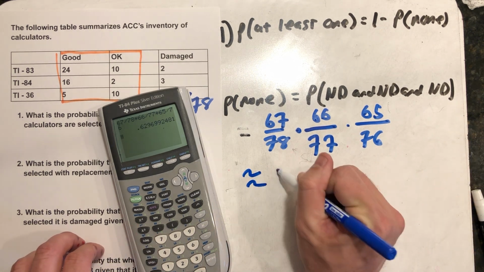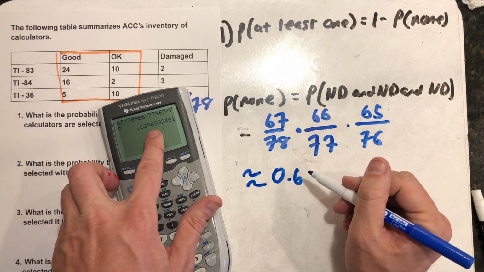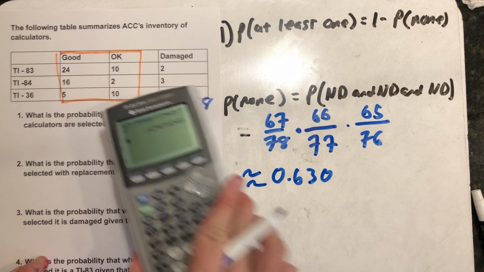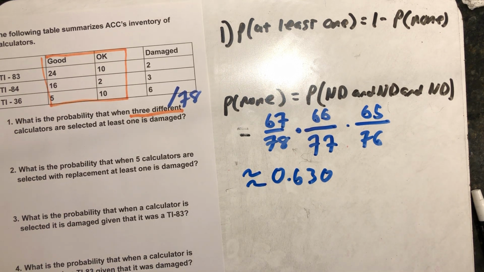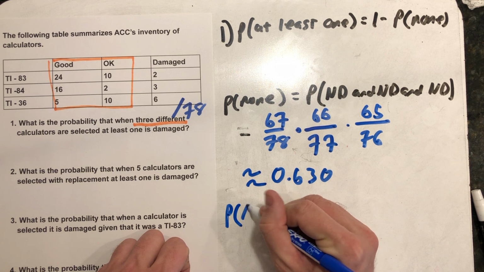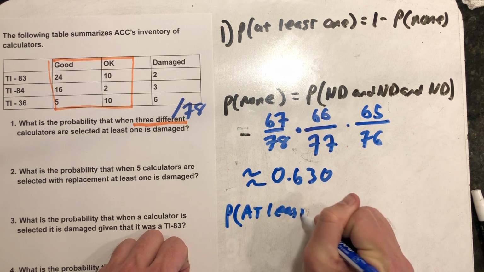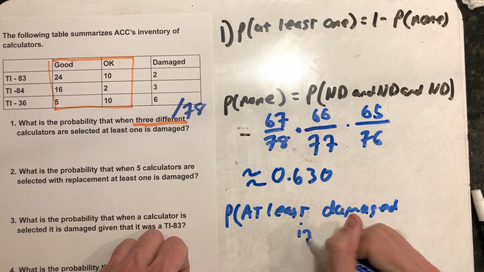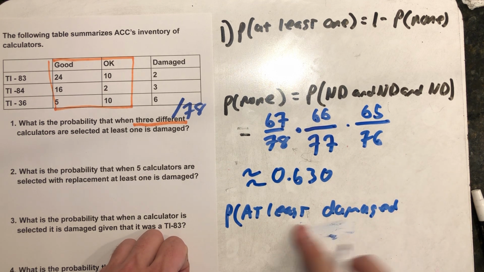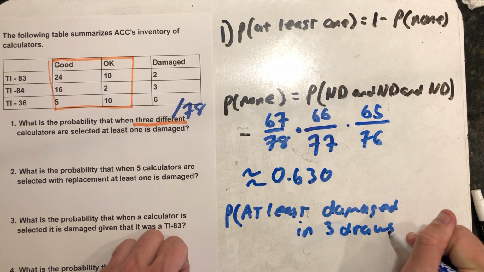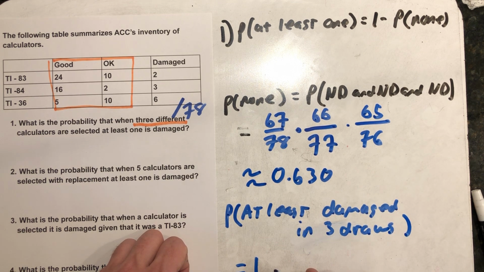And I find out that I get a 0.6, and when I go to round to three decimal places, that actually pops that up to 0.630. But now we have to recall that's not what we were trying to find. We were trying to find the probability of at least one damaged in three draws. And that's 1 minus the probability we found for none.